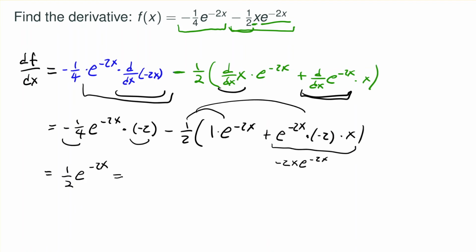Oh, sorry, this should be minus 1 over 2 e to negative 2x. And negative half times negative 2 gives me positive 1 times x times e to negative 2x.